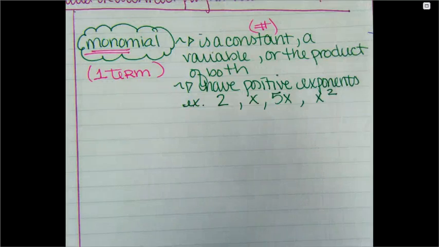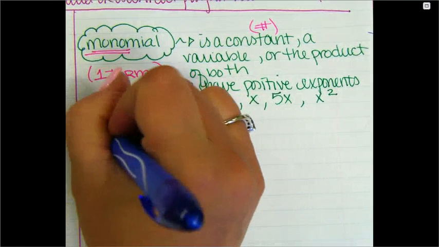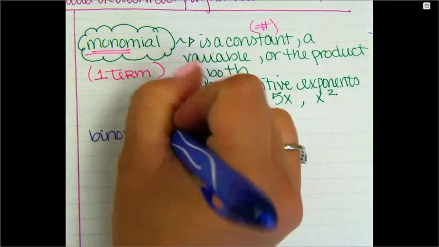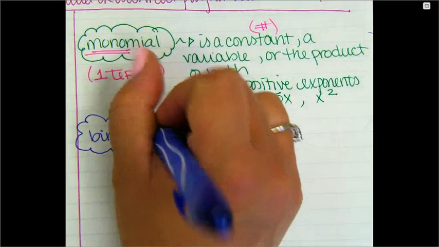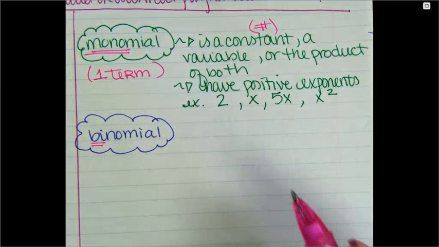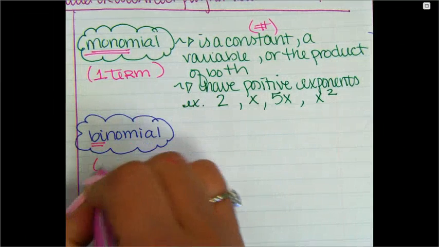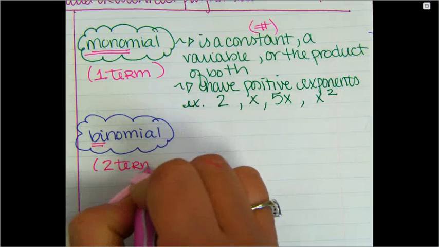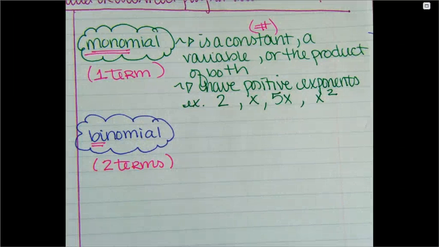Next is a binomial. How many to make up a binomial? What does bi mean? 2, like a bicycle. 2 terms.